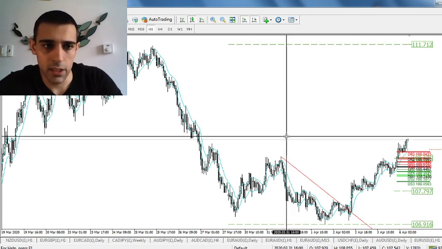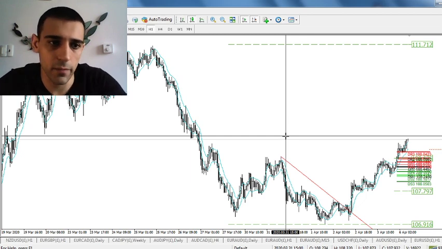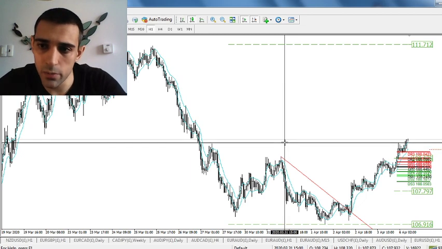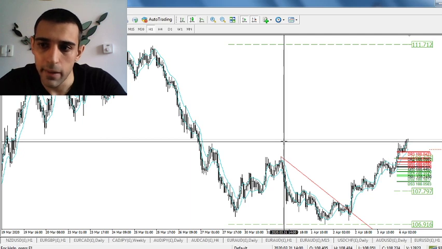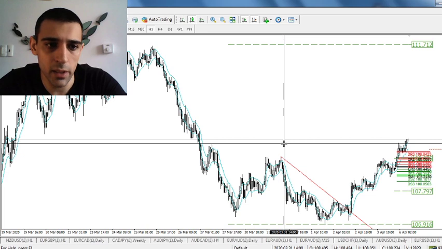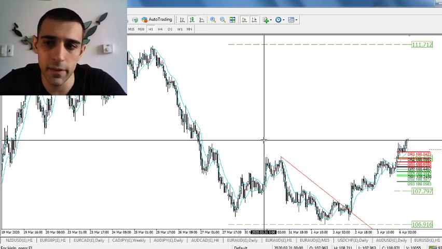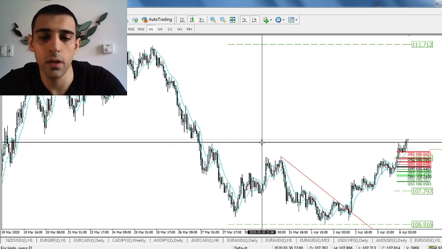Right, for the stop loss, actually it's 109.25, not 20, 109.25. For the stop losses, we're going to use 15, 20 pips max. We can get away with 20 pips, even 15 pips will be fine as well.